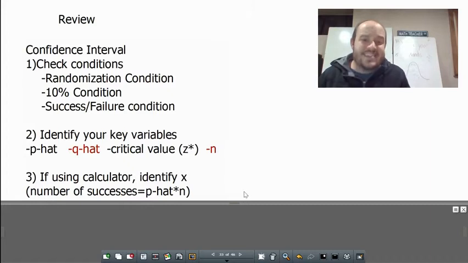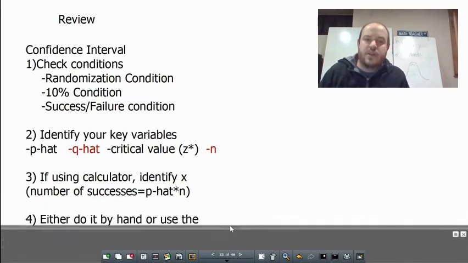You cannot have an X that is a decimal. So once you multiply the decimal form of p hat by n, you want to always round that to the nearest whole number. Because if you try to put a decimal in for x into the calculator, you're going to get an error and it's going to shut you down. So make sure you avoid that. Always round your x to the nearest whole number.